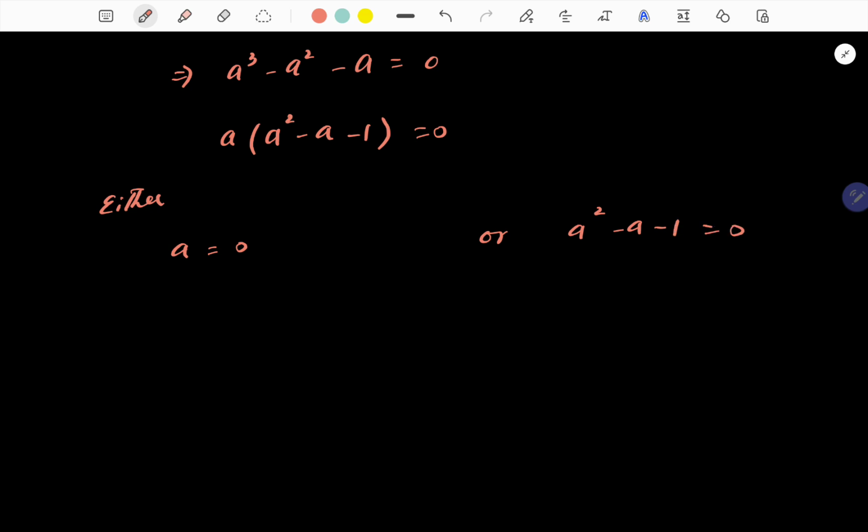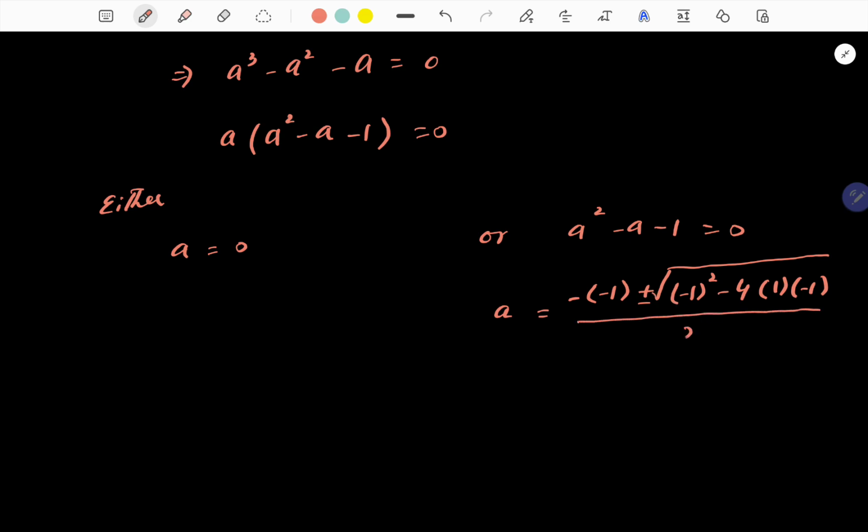So using the quadratic formula on this equation, we will get the values of a = (-b ± square root of (b^2 - 4ac)) divided by 2a, where b is -1, a is 1 and c is -1.